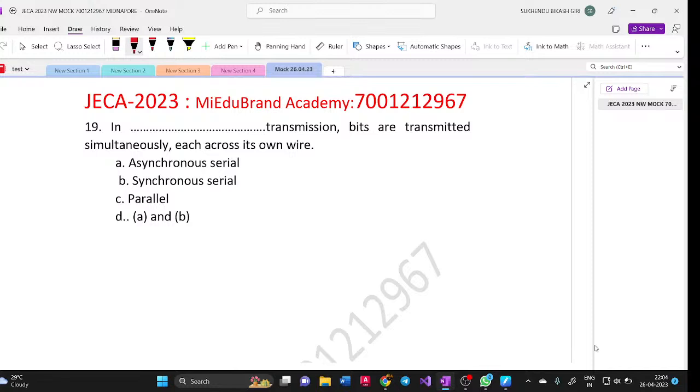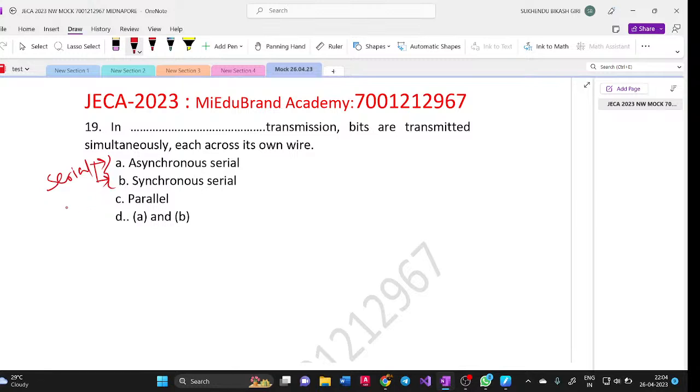Question 19. In this transmission, bits are transmitted simultaneously, each across its own wire. This is serial transmission. Serial has two classifications: asynchronous serial transmission and synchronous serial transmission.